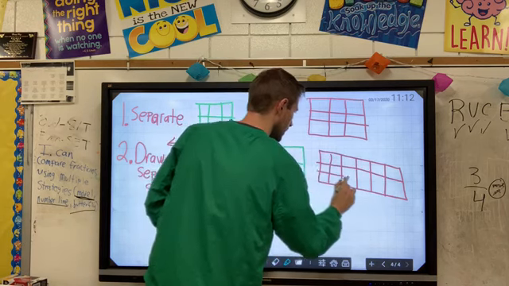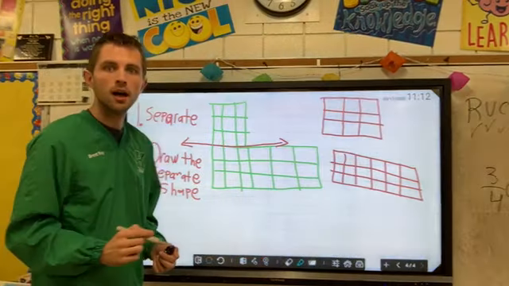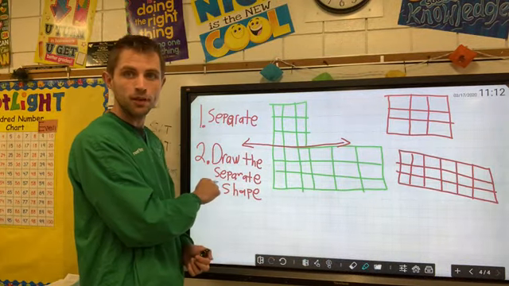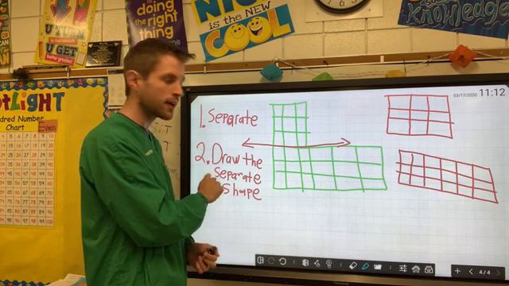Boom, and then boom. So draw the separate shapes out so that you don't get confused, right?